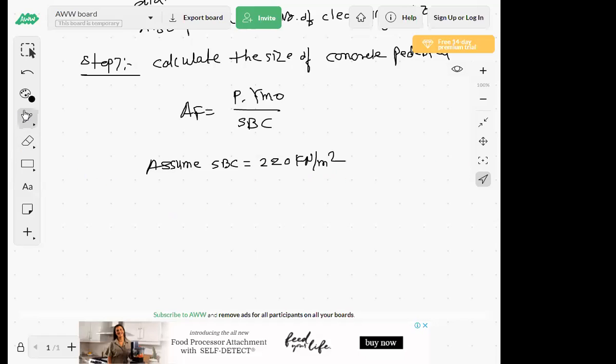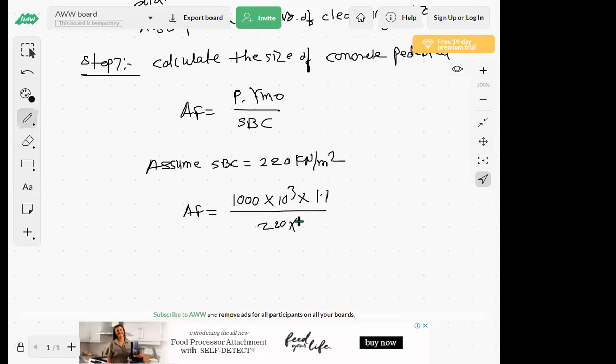Now calculate this area of foundation. So P is 1000 into 10 raised to 3, into gamma m naught 1.1, divided by SBC 220. This is kilonewton per meter square, so we have to convert into Newton per mm square.